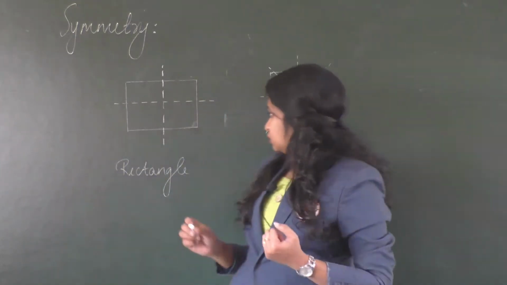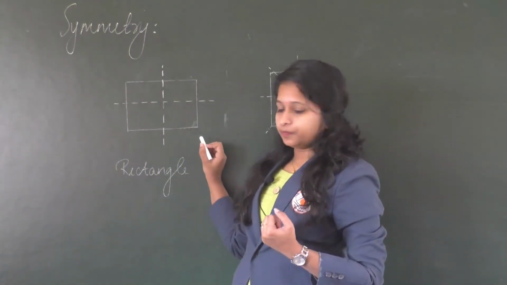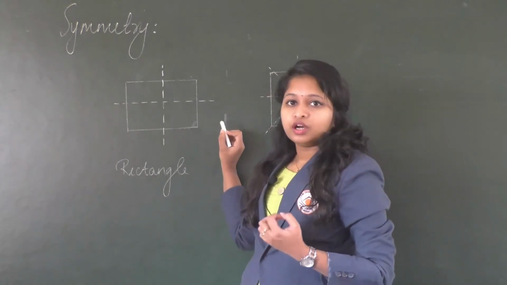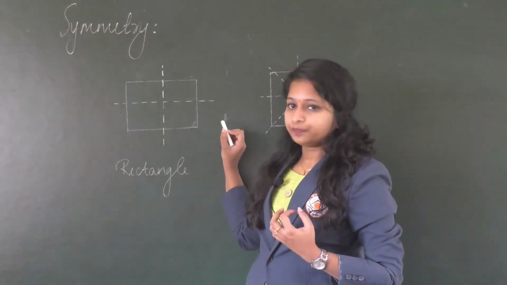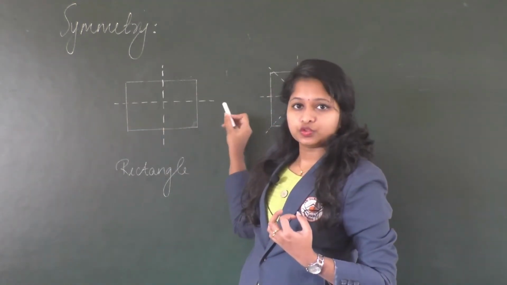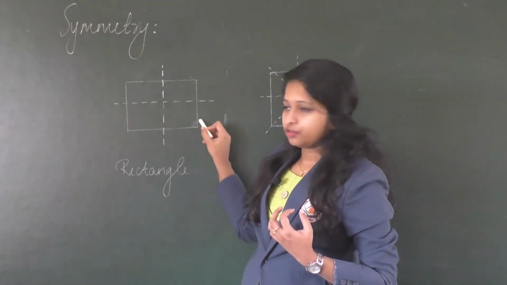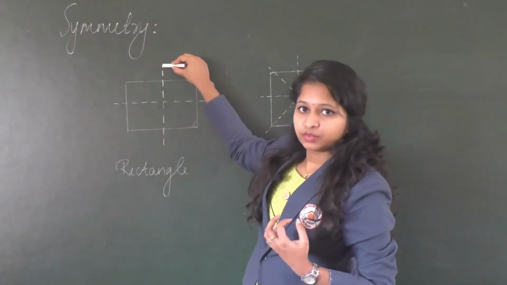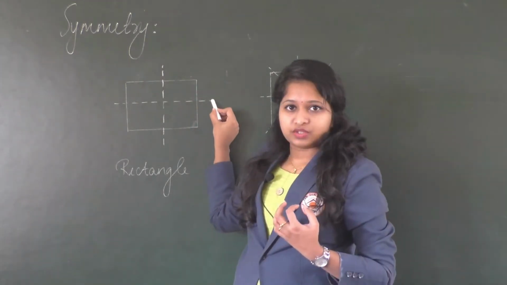Okay? So here I have a rectangle. Now, how many lines of symmetry can I form? I can form 1, 2. Two equal parts I can form with this line of symmetry and this line of symmetry.